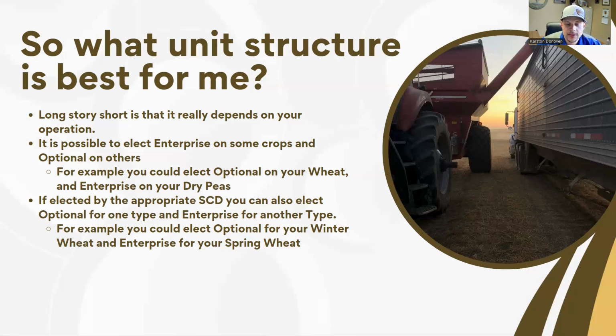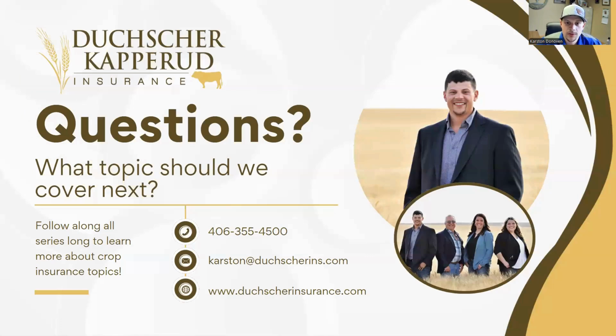And then also, if it's elected prior to the appropriate sales closing date, you do have the option to elect by enterprise and optional by type. So for example, you could elect optional for winter wheat and then have your spring wheat be an enterprise unit. So you can really customize and have the flexibility to make it work for your farm and what is best for you.